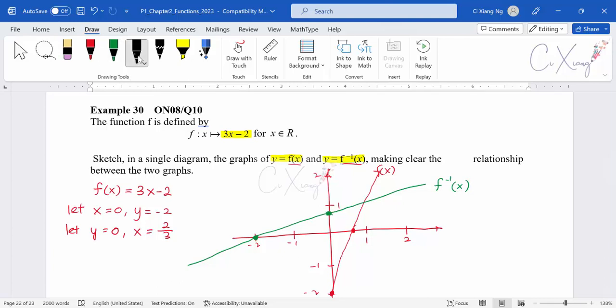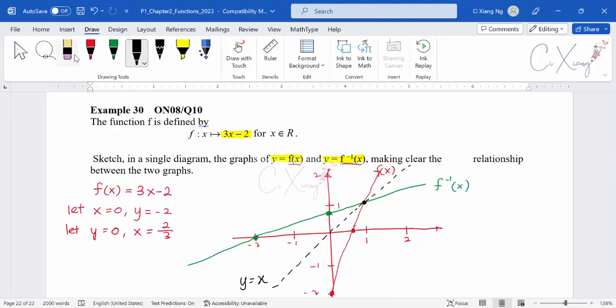All right, and one more thing to take note of is the intersection point between f and f inverse, right? Definitely it will be on the line y equals x as well. So if I want to show the relationship clearly, basically I'm having this particular dotted line here that I show you, and this is actually y equals x.